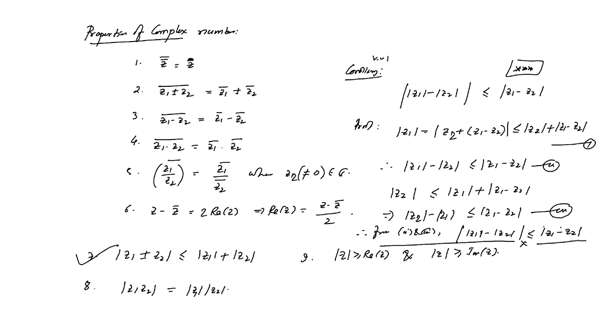Here is one question, given in KVS 2023 PGT Math. The question is: let Z1 and Z2 be two complex numbers, then which of the following is not true?